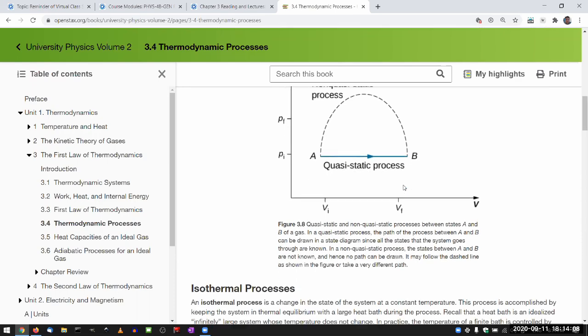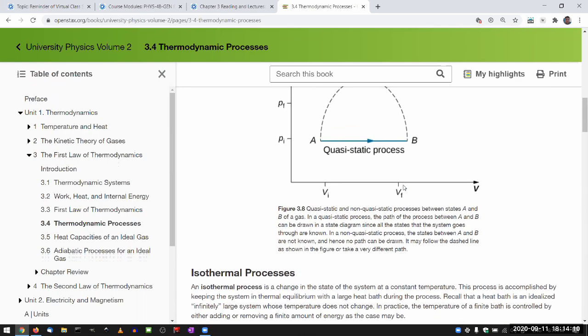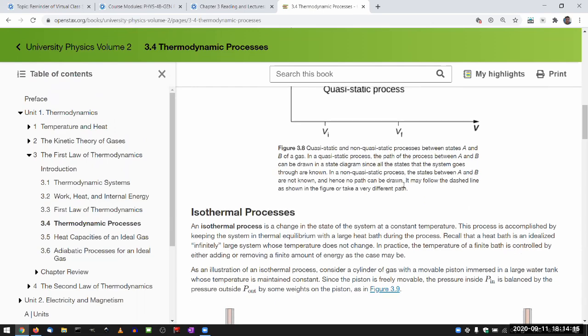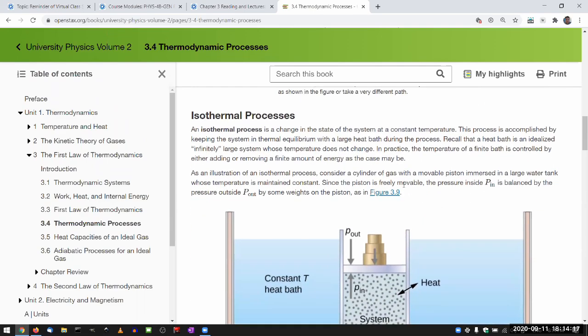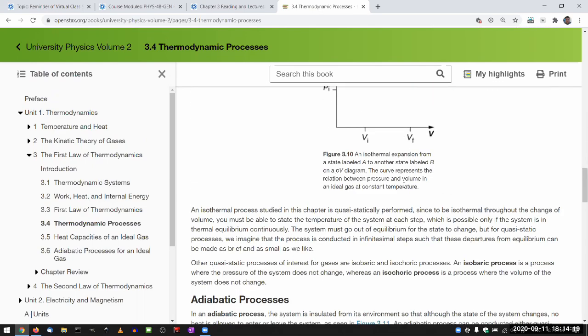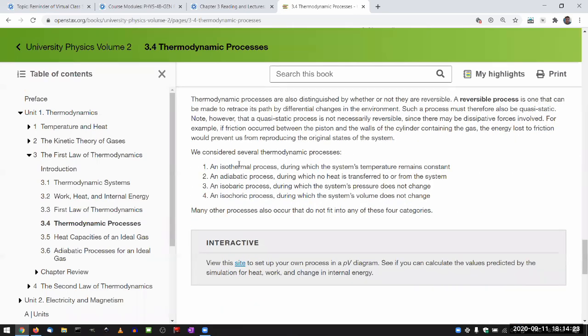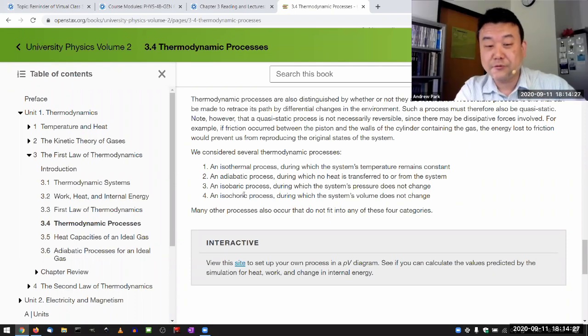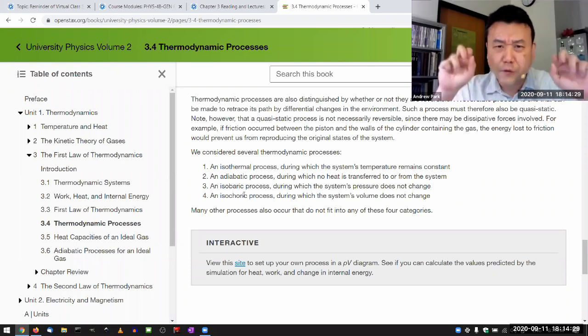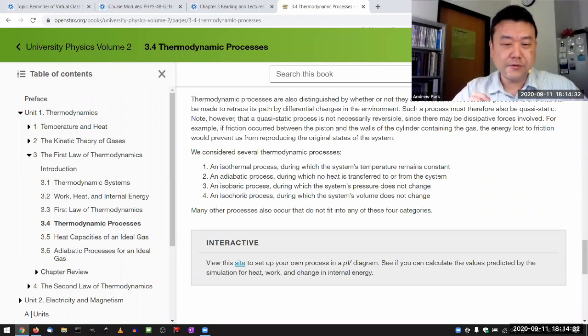It has to be by definition, or by implication of drawing a line on a diagram. And at the end it summarizes all 4 named processes: isothermal, adiabatic, isobaric, isochoric. It even uses the right word. It doesn't use isovolumetric, which I only bring up to say that I'll never use that particular word.